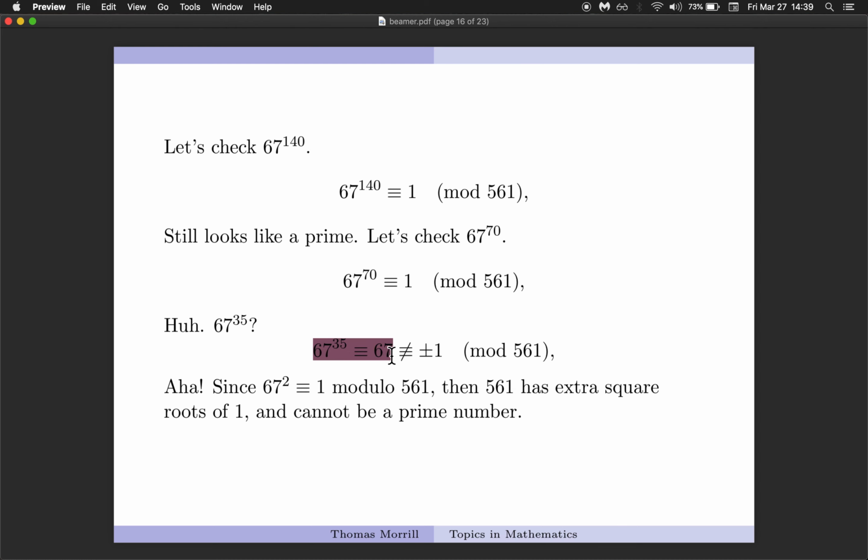And the problem is at the very bottom of the stack, I get a square root of 1, which was not plus or minus 1. So let's build this idea into our test. 67 by itself, for my earlier idea, would not have told me that 561 was composite, except for when I divide the exponents, when I divide all the 2's out of that exponent.